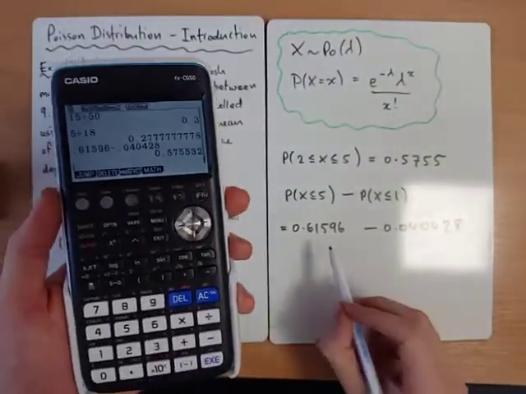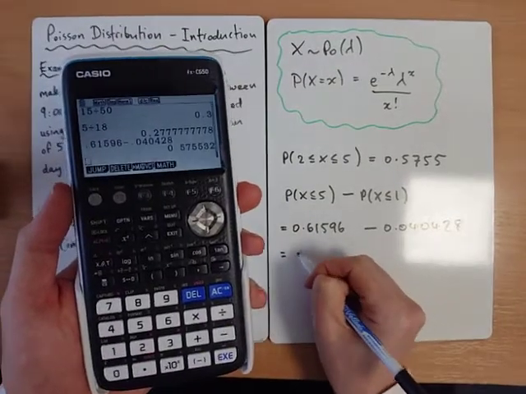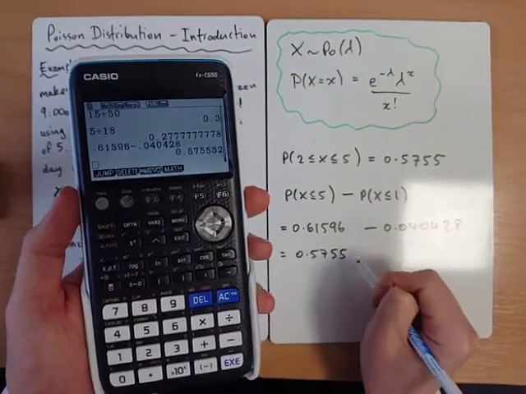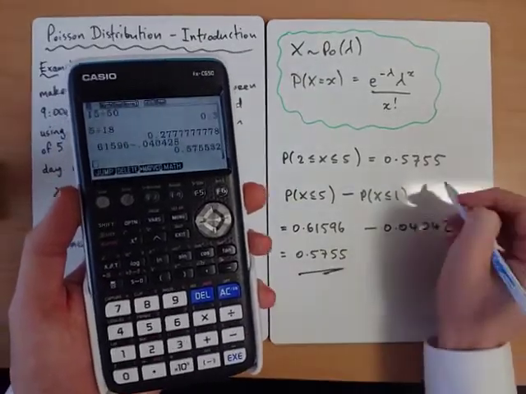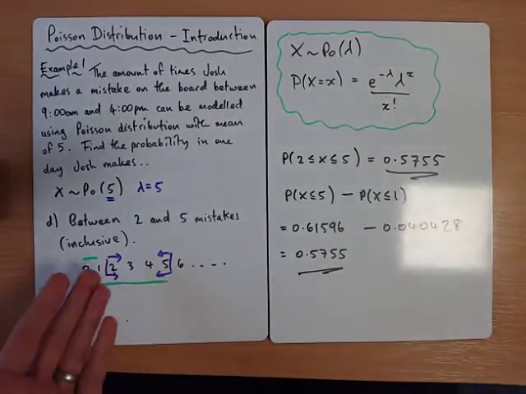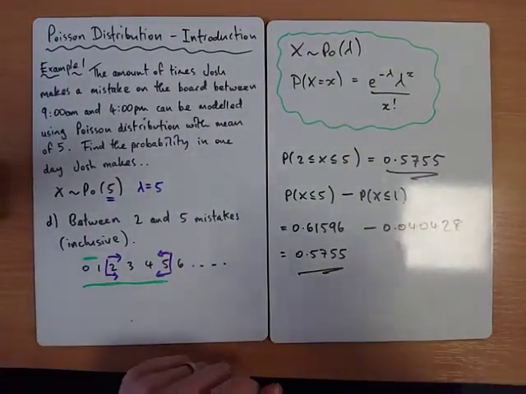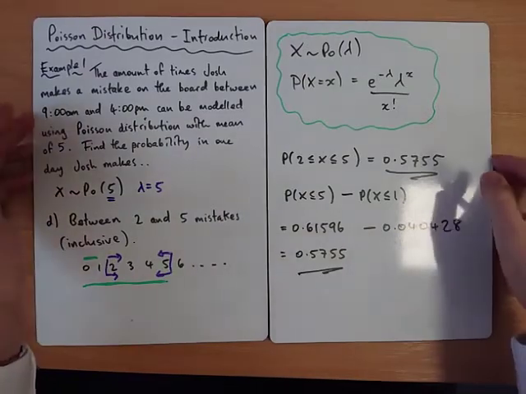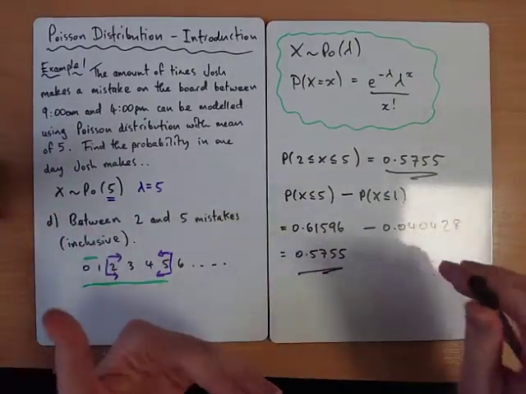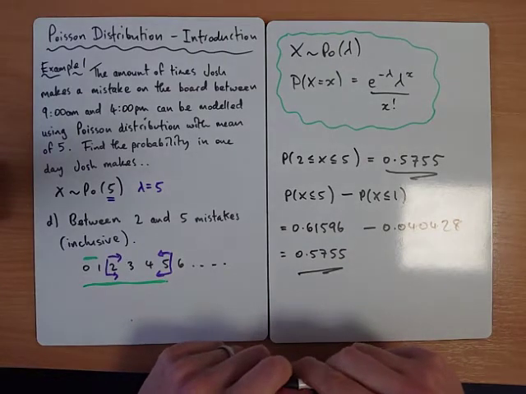Okay, and if we do that subtraction, we get 0.575532, which is the same as what our calculator just spat out, just from using between 2 and 5. Depending on what the question asks, if it's a show question, you need to show some working out. If it just says find the value, you can just write the value down and you'll get the marks. Okay.